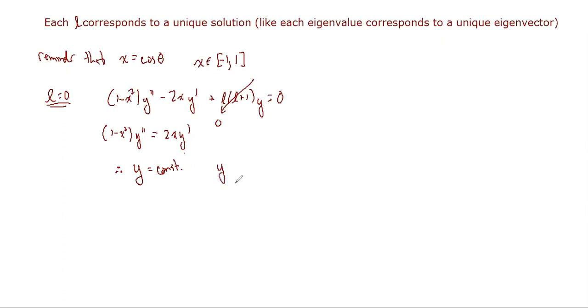And what we're going to do is subscript this by the value of L. So Y_L is equal to a constant, and in fact, we're going to choose it to be equal to 1 by convention. Trivially, this is true, right? I take the derivative of a constant once and twice, and I get this.